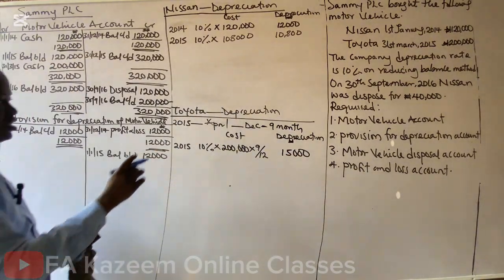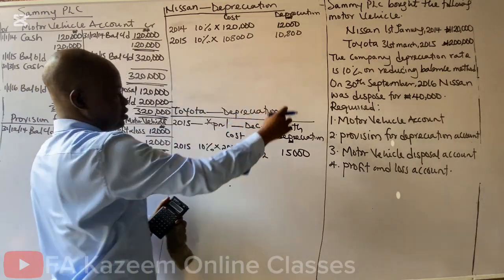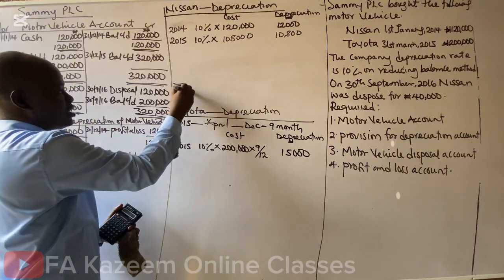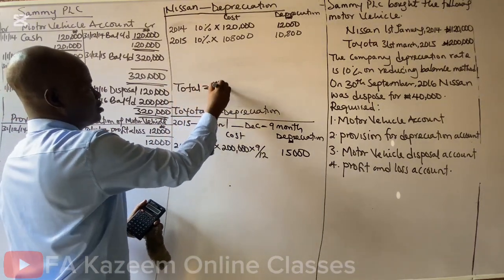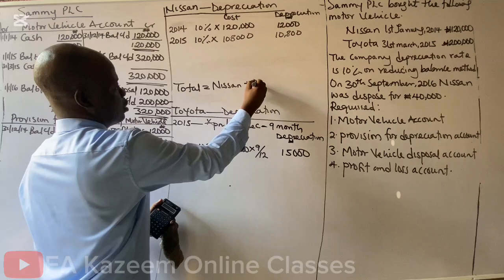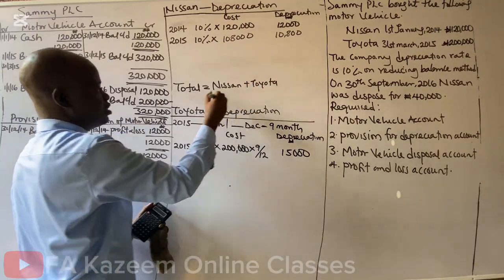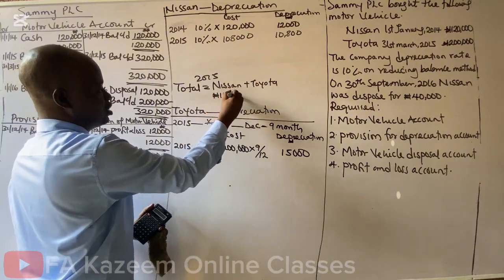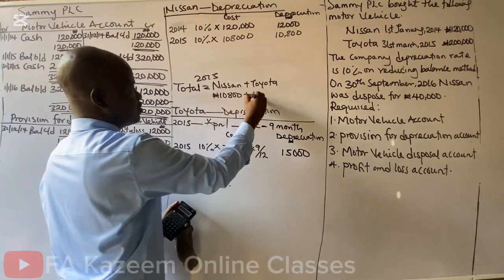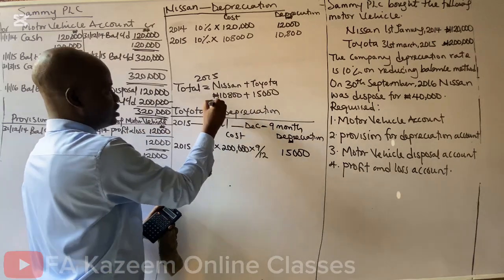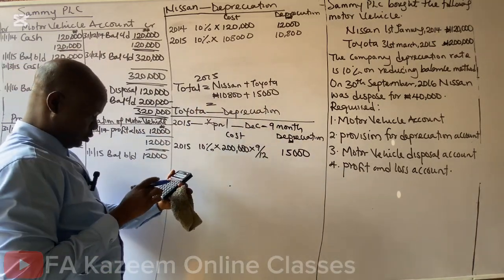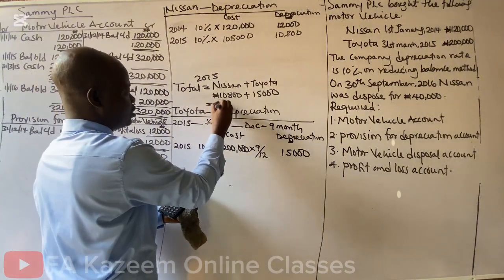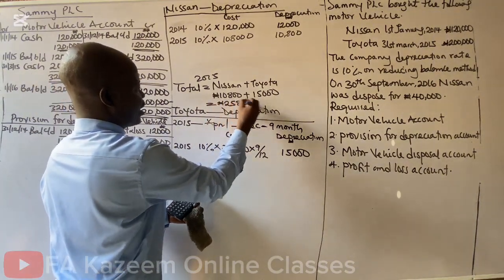That is 2015 for Nissan, 2015 for Toyota. The next thing is we'll calculate their total. Total means Nissan depreciation plus Toyota depreciation in 2015. Nissan is 10,800. Toyota is 15,000. That will give us a total of 25,800.